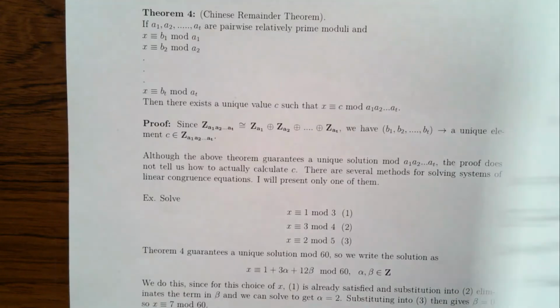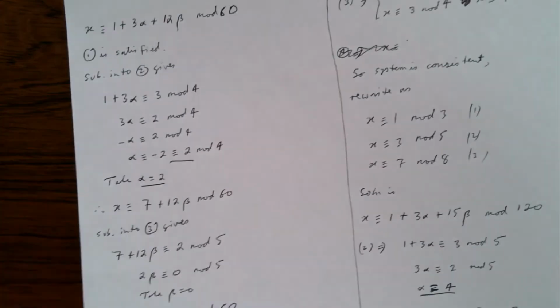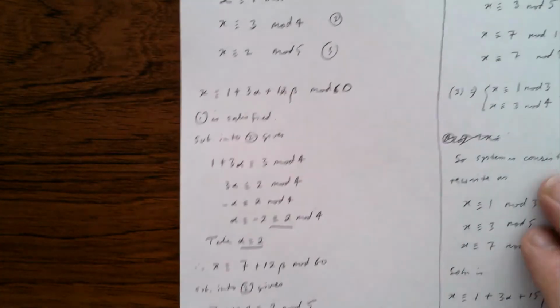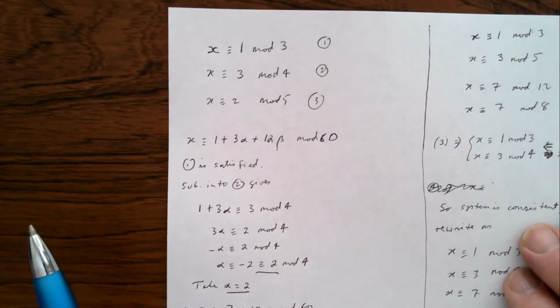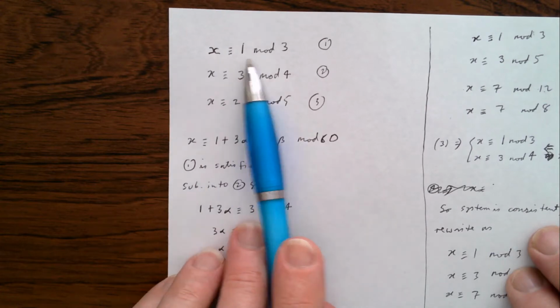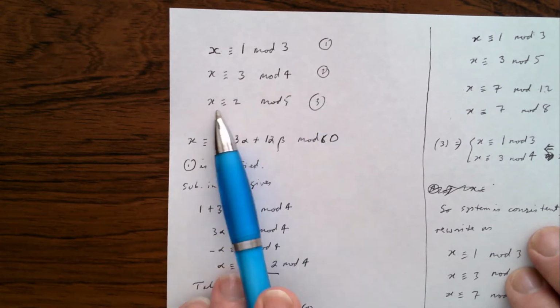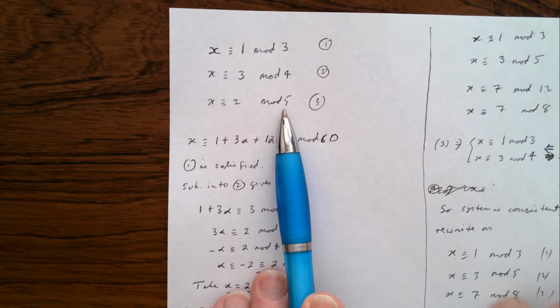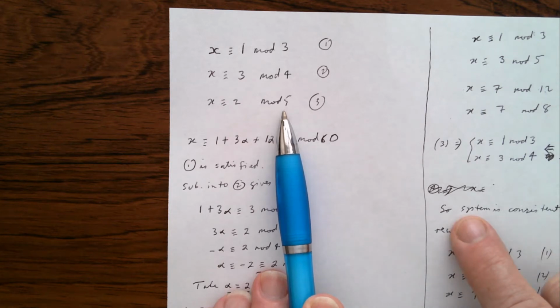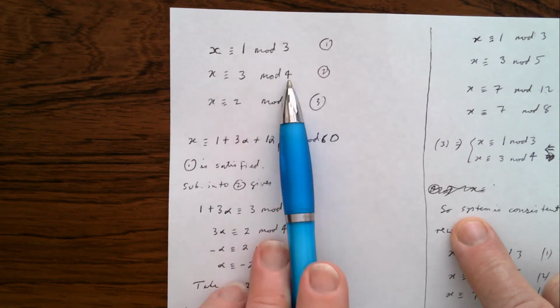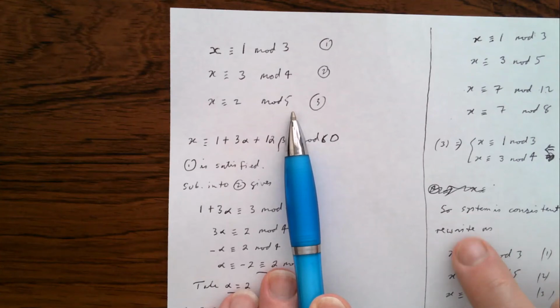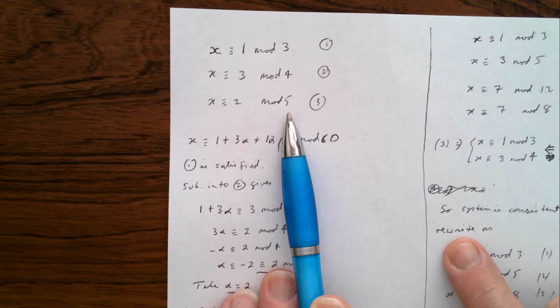So I'm going to do this on a separate page here, just to put a bit more detail in. So here's the example. I've got x is 1 mod 3, x is 3 mod 4, x is 2 mod 5. Now the Chinese remainder theorem guarantees there is a solution modulo the product of these, which is 60, and I'm going to just write it down in some sense. So here's what I do.